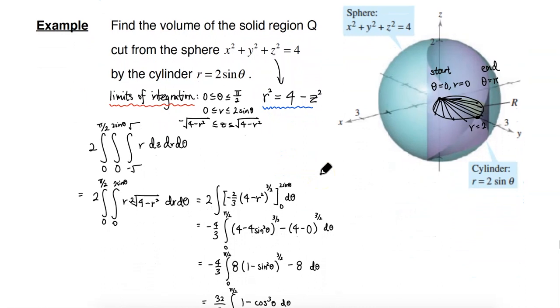So the example we're going to see is quite technical when we have to set up the integral and then proceed to finding the value. So firstly, we want to look at theta. And in this example, we are actually looking for the volume that is both part of this sphere and also part of the cylinder.